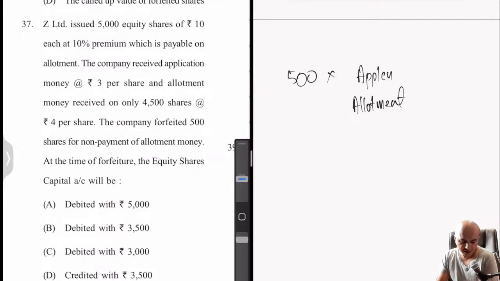We haven't even gone to first and final call stage. Company received application money and allotment money received only on 4,500 shares. Correct. So that means whoever is holding those 500 shares did not pay the allotment money.